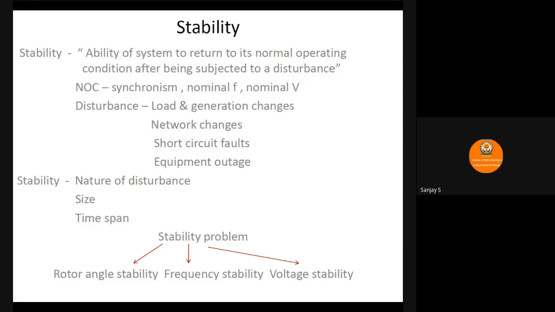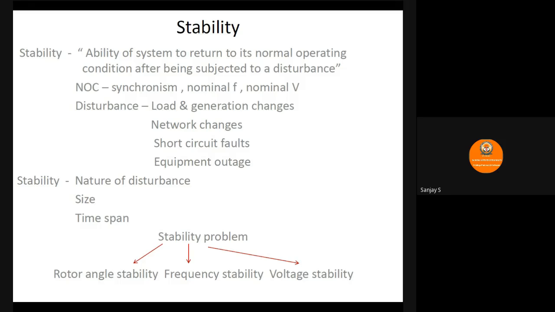For that, we need to understand the definition of stability. Stability is nothing but the ability of a system to return to its normal operating condition after being subjected to a disturbance. Normal operating condition in the sense the system has to be operating under nominal frequency of 50 hertz and nominal voltage, 3-phase 440, has to be maintained, and the machines running in parallel must be in synchronism.